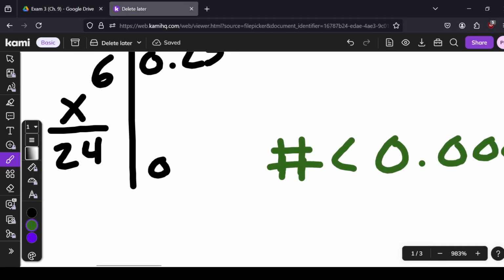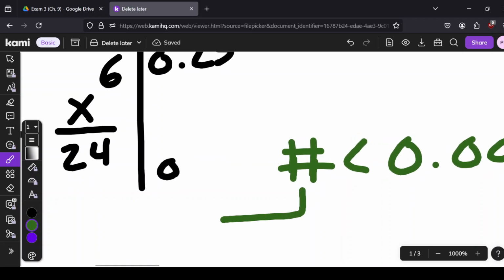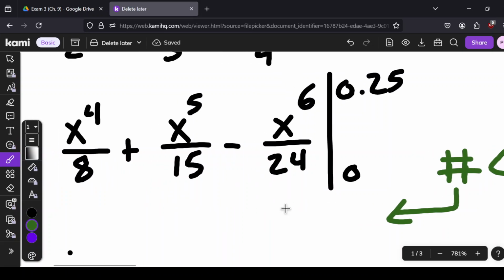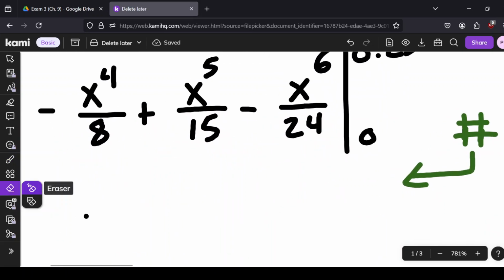So whichever number is less than that, from that point on, you can ignore all these numbers. All right.